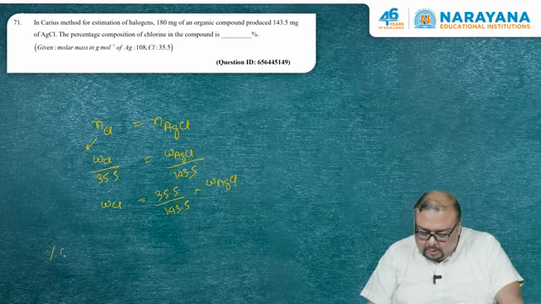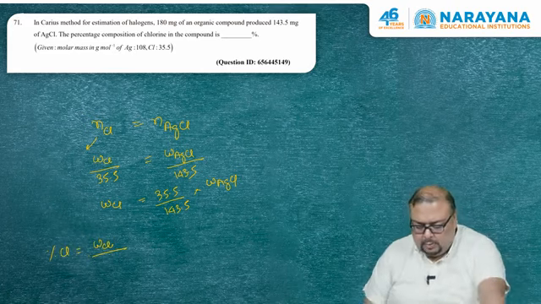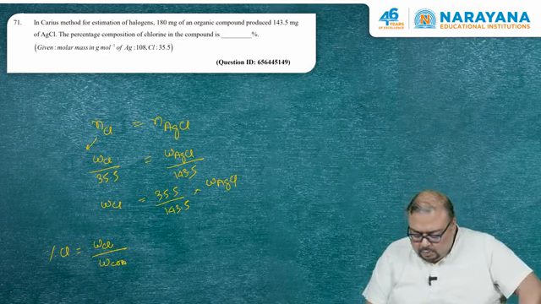and percentage chlorine will be equal to weight of chlorine by weight of compound into 100.